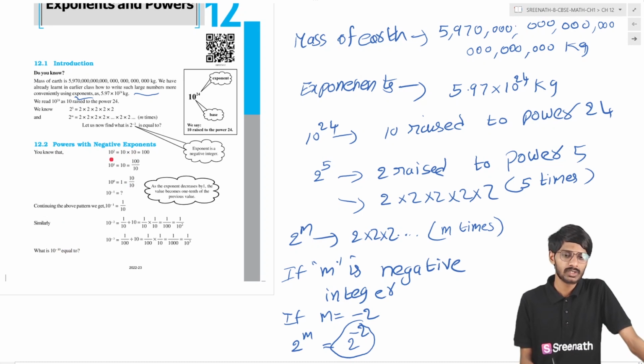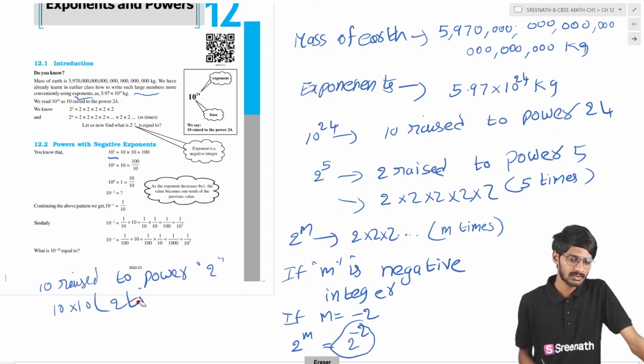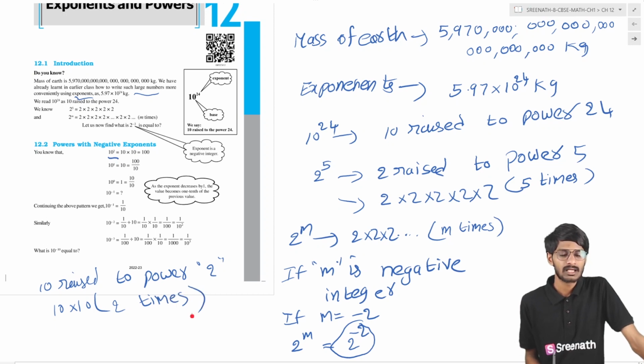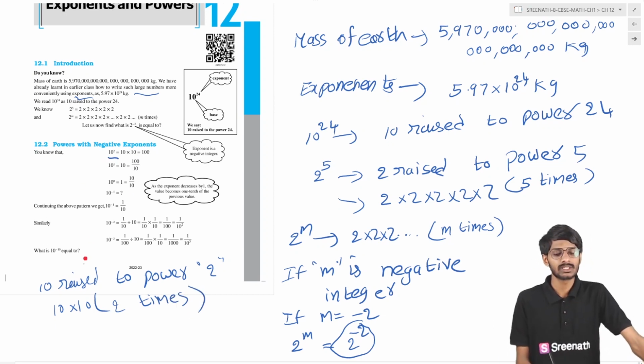Okay, students. So here there is 10 square now. We know 10 square is nothing but 10 into 10. We write 10 raised to power 2, and we write 10 into 10, which means 2 times. Why? Because there is a 2 in the power.